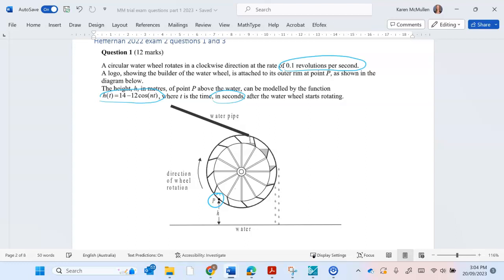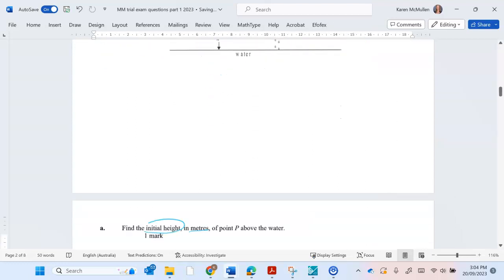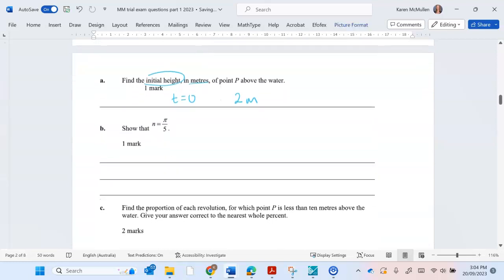So 0.1 per 1 second. If we want to go all the way around, what did we do to get to 1? We multiplied it by 10. So it's going to take 10 seconds to go a full revolution.